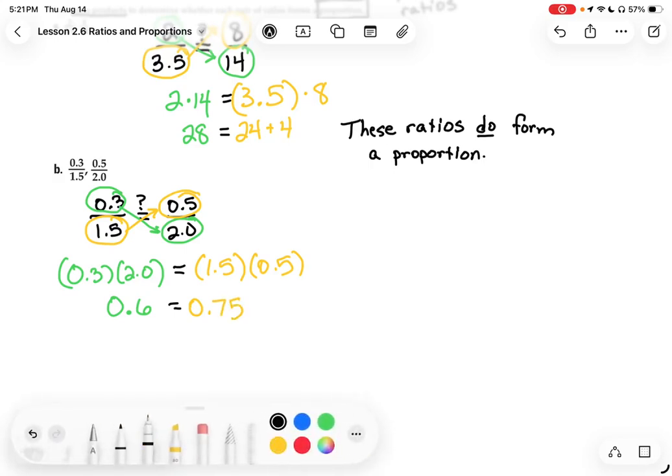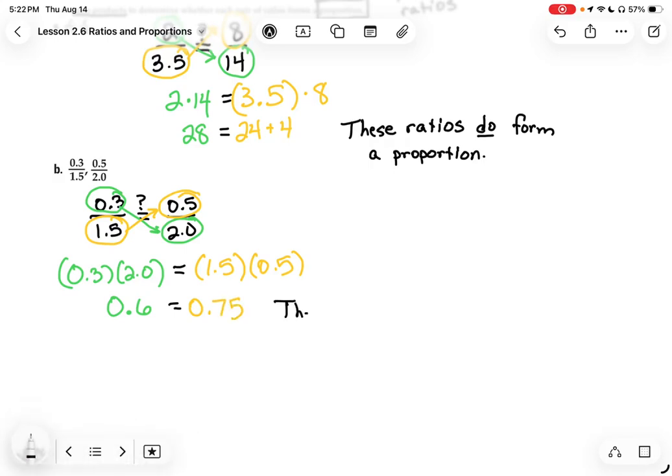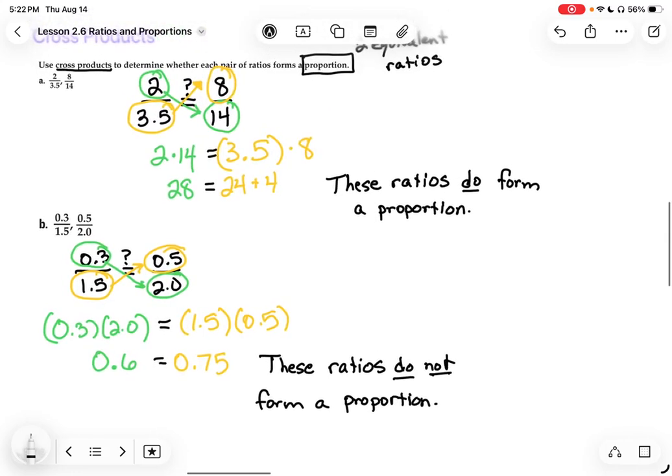And these cross products are not equal, so these ratios do not form a proportion because the cross products are not equal. And so that's how we use cross products to determine if two ratios are equivalent, and two equivalent ratios form what is called a proportion.